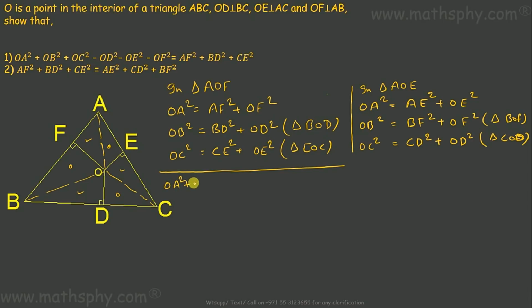OA square plus OB square plus OC square is equal to AF square plus OF square plus BD square.